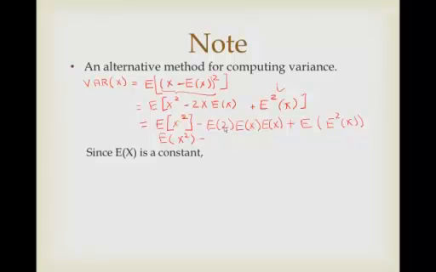Watch this, it's a trick. The expected value of 2 is 2, right? It's a constant. Expected value of x times the expected value of x, that's E[x] squared, plus the expected value of the expected value squared. Well, it's just the expected value squared.